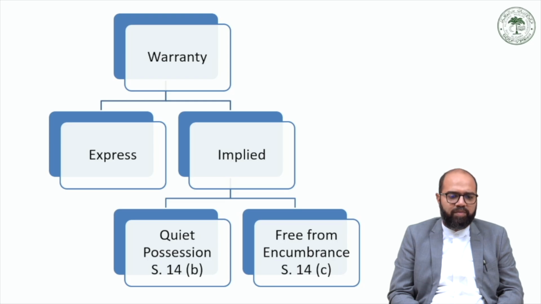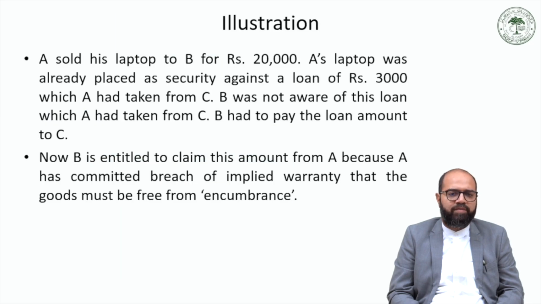So encumbrance means that there should not be any third party rights over the goods which have been bought by the buyer. Now let us further clarify what is an encumbrance with the help of an example. Supposing there is a person A who sold his laptop to B for rupees 20,000.